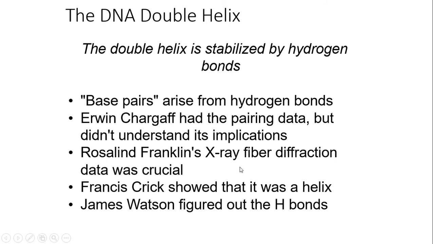Rosalind Franklin was really critical to helping Watson and Crick establish or elucidate the structure of DNA. So about 1953 at Cambridge University, Crick showed that the DNA structure was a helix, and Watson figured out the hydrogen bonds.